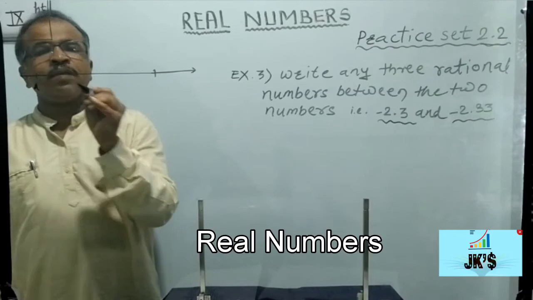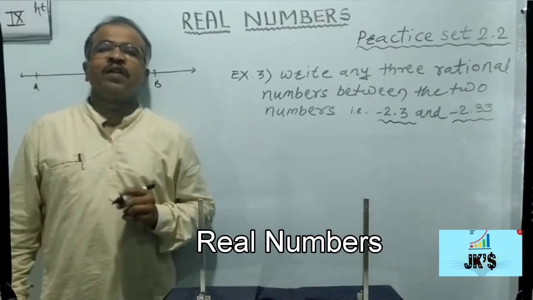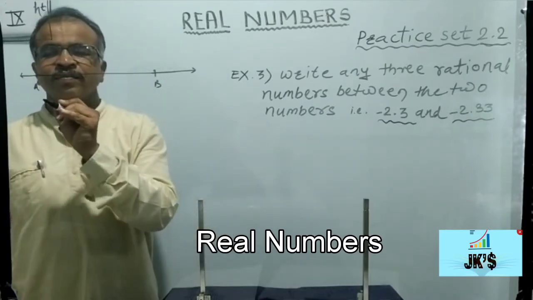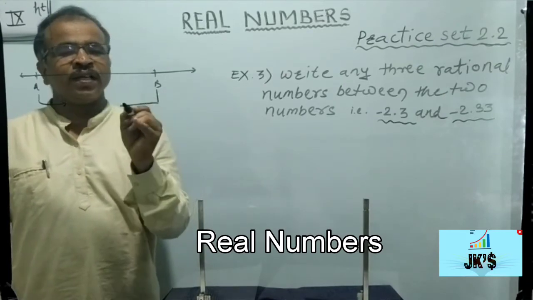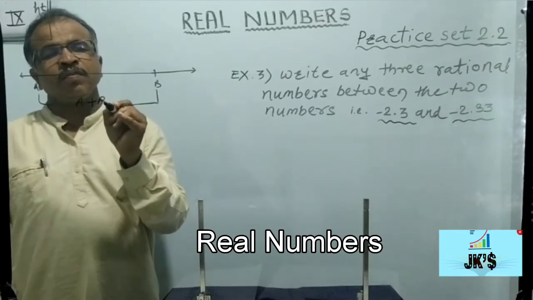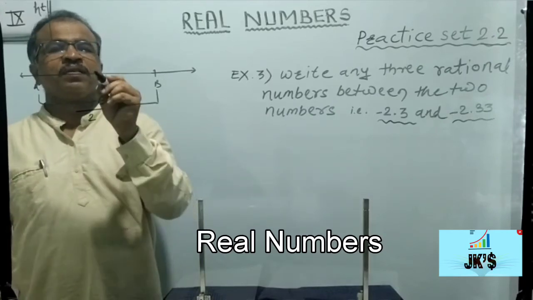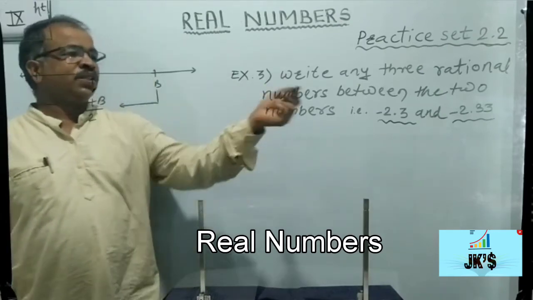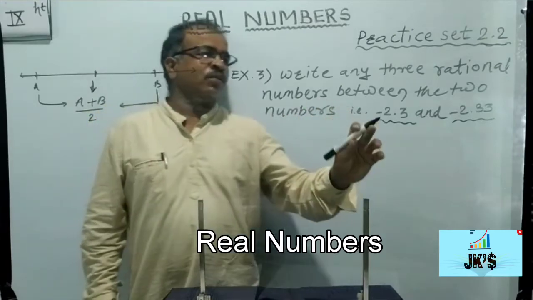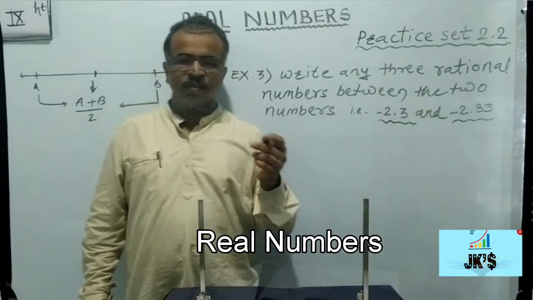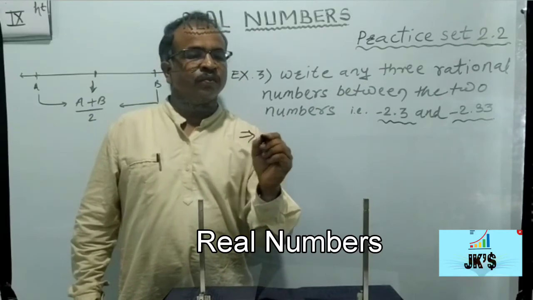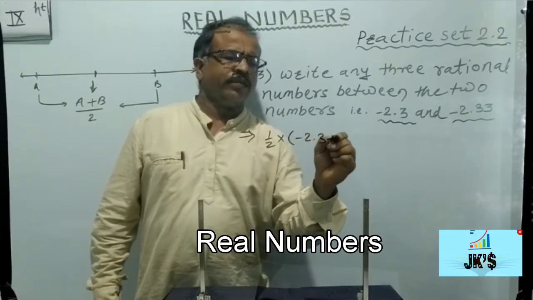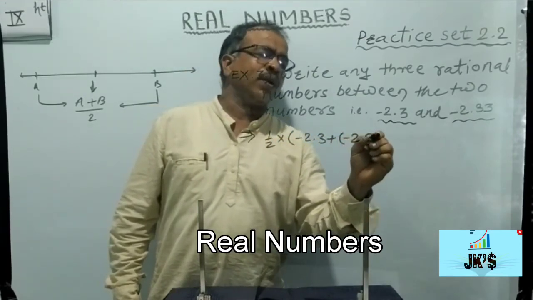suppose this is A and B, when we want the midpoint of this segment AB, we have to take their average, A plus B upon 2. Then we get the number between them. Similarly, 1 by 2 into bracket minus 2.3 plus minus 2.33.